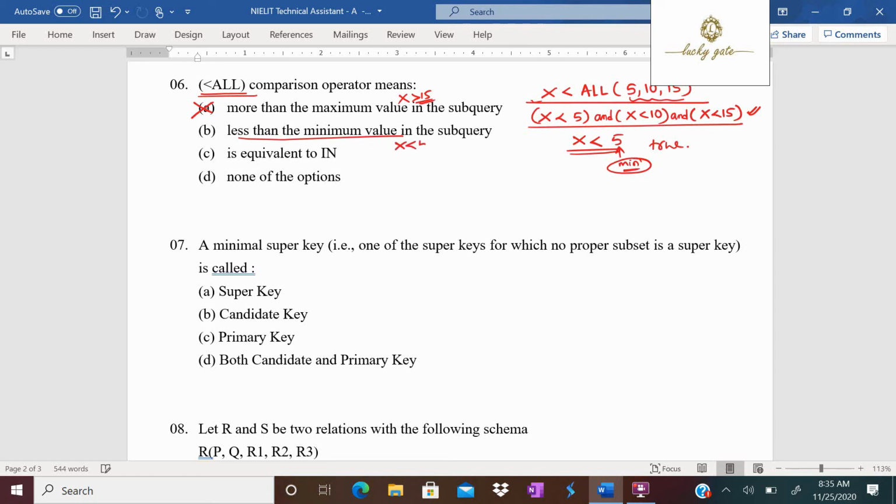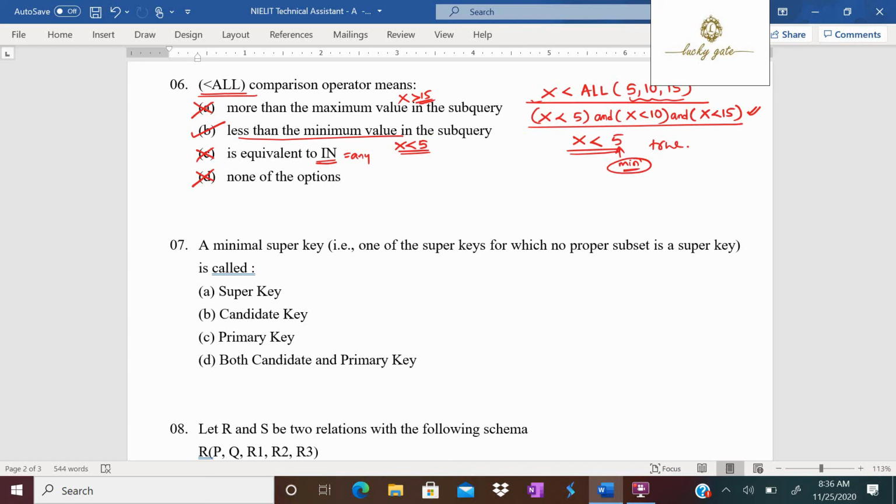Finally, it is comparing with less than the minimum value, then it is true. Then option B is the correct one. Is equivalent to in? In is never equivalent to all. In is equivalent to any but not all. Option D, none of the above, is incorrect. So the answer is option B. Less than the minimum value in the subquery is the correct answer.